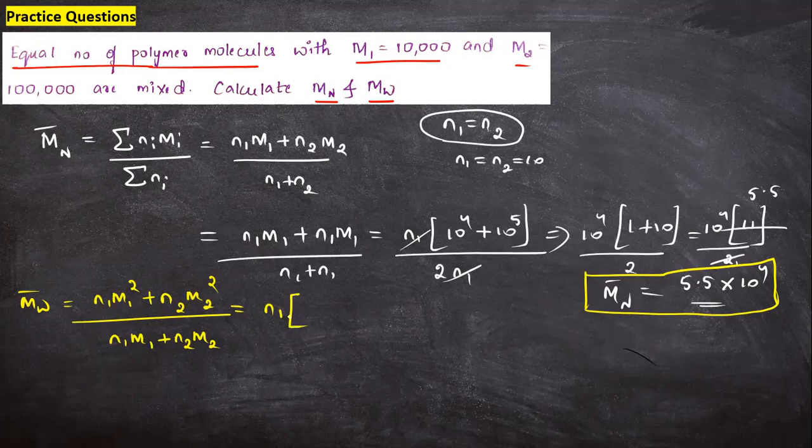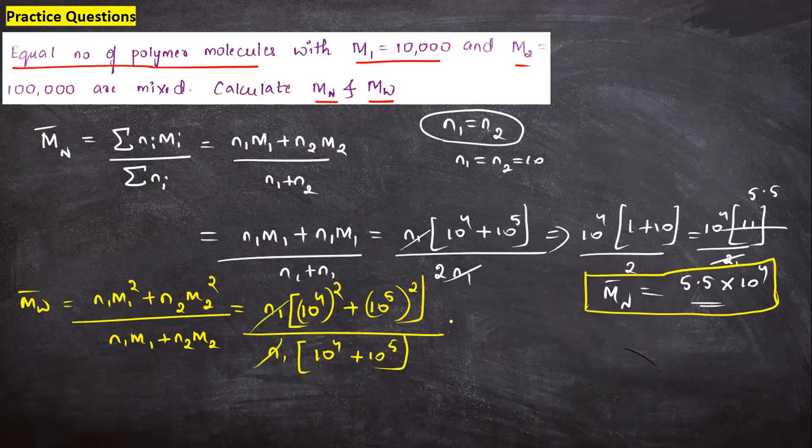The value of M1 is 10 raised to 4, so 10 raised to 4 squared plus 10 raised to 5 squared, divided by 10 raised to 4 plus 10 raised to 5, with N1 coming out common.